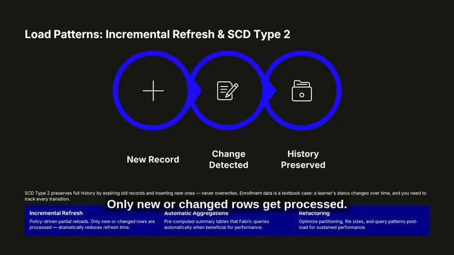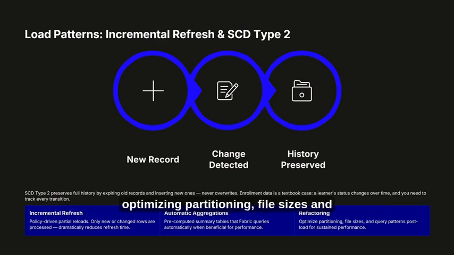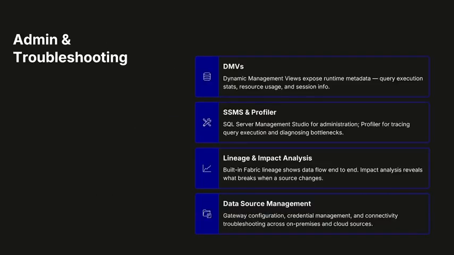Only new or changed rows get processed, which dramatically cuts refresh time. Pair that with automatic aggregations, pre-computed summary tables, Fabric queries when it is beneficial, and refactoring, optimizing partitioning, file sizes, and query patterns after load for sustained performance over time.